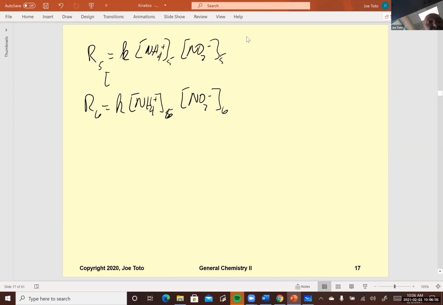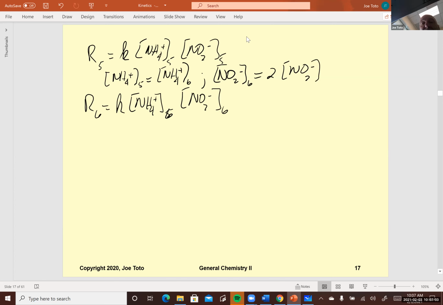Well, ammonium in 5 is the same, so that's not it. It's the nitrite. So the nitrite in 6 equals 2 times the nitrite in 5. So I can make this substitution here and this one.